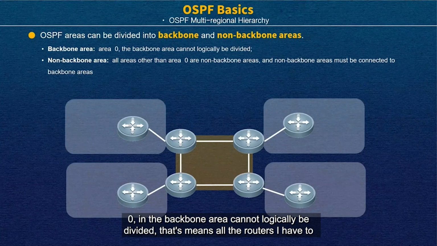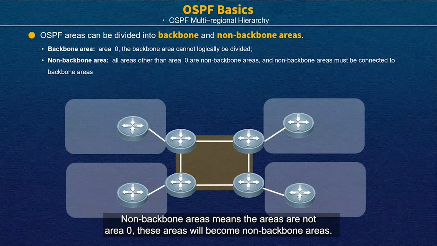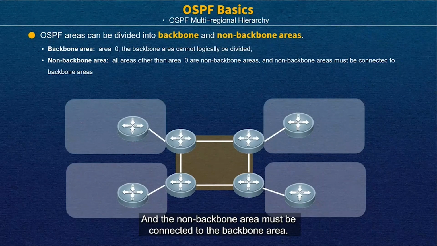The backbone area cannot logically be divided, which means all the backbone routers have to be within the same area. Non-backbone area means all the areas that are not area 0. And the non-backbone area must be connected to the backbone area.